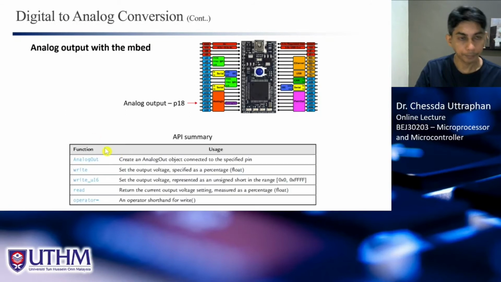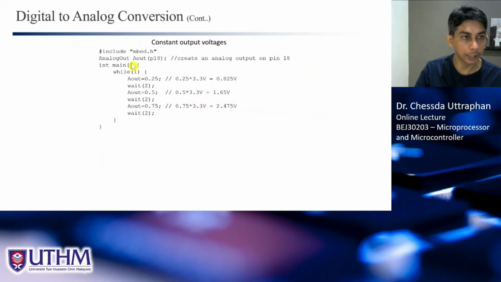And this is how we output the analog voltage at the P18 pin. We have only one analog output here, which is P18, and we can use the analog out API. So for example, we want to output the analog voltage through the P18 pin.